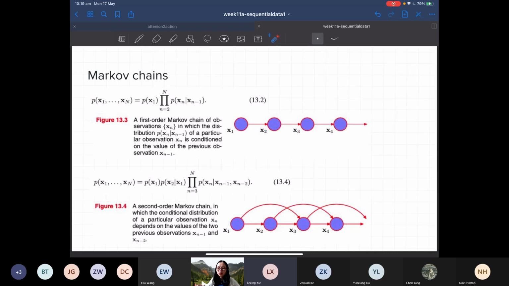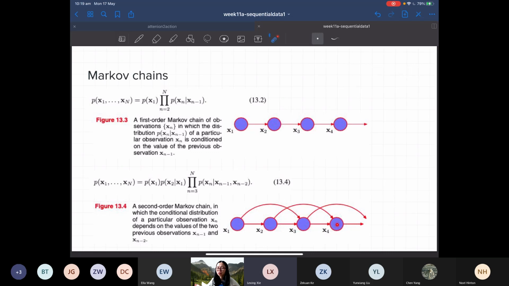We could generalize the notion of Markov chains and form higher-order Markov chains, because you may say that if I'm at x4, forgetting everything before x3 seems a bit stringent. Can we do better?